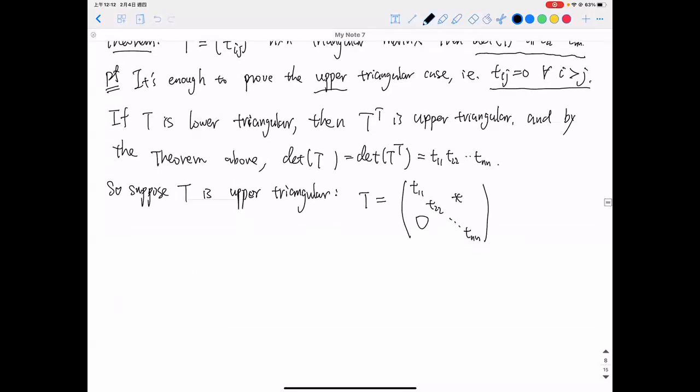We're going to compute the determinant of T by the first column expansion.